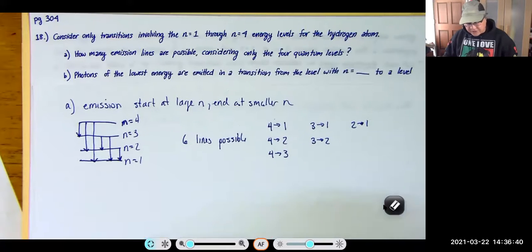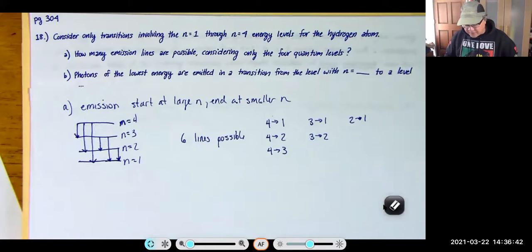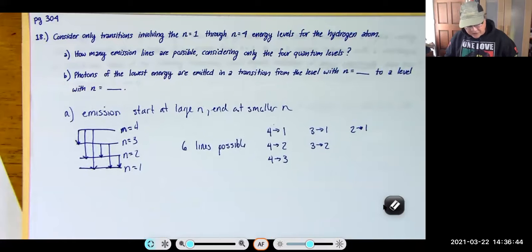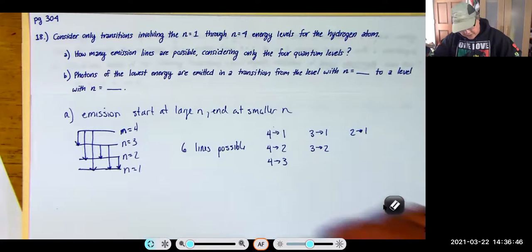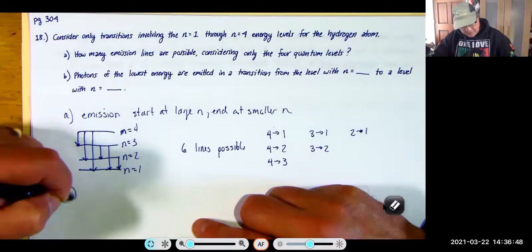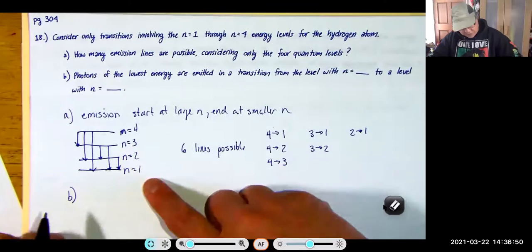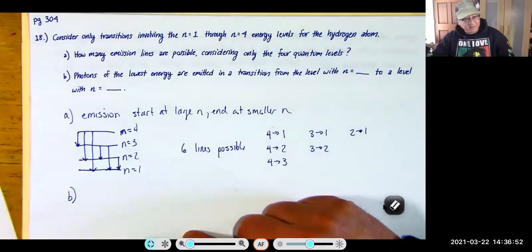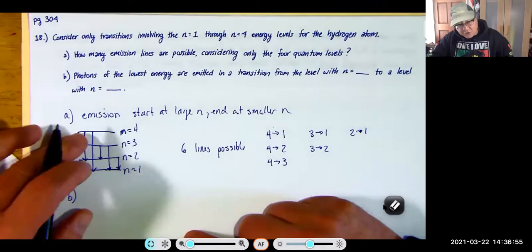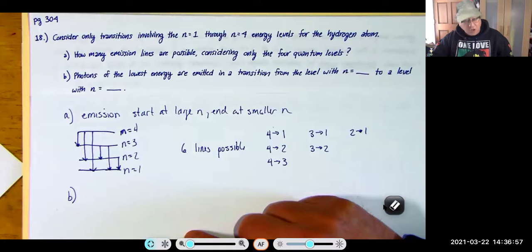Photons of the lowest energy are emitted in a transition from the level with n equal blank to n equal blank. Now here, for these emissions, it's important to know that the energy levels are closer together for large n.